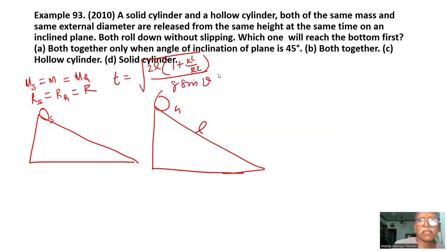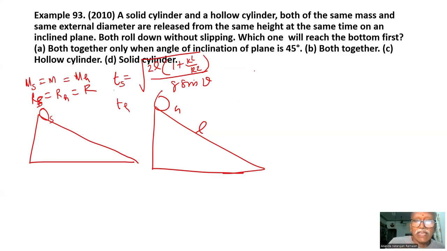L is the same, so L gets cancelled. Find the ratio, T solid and T hollow. Whichever is less will reach first. That is one way.